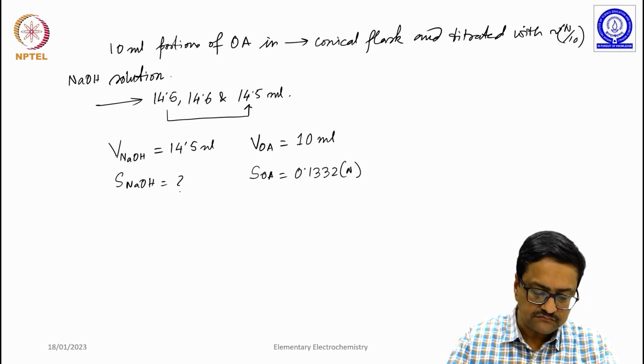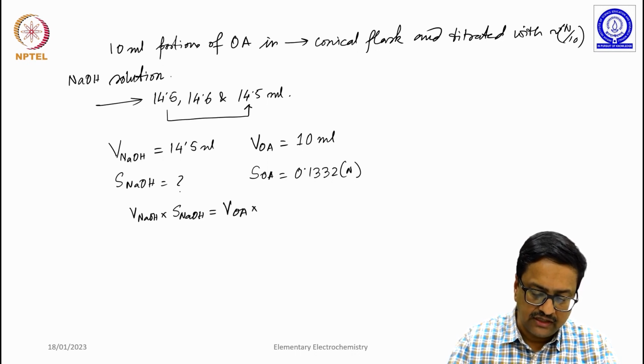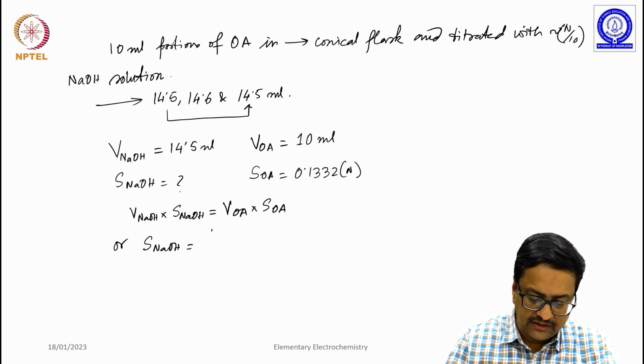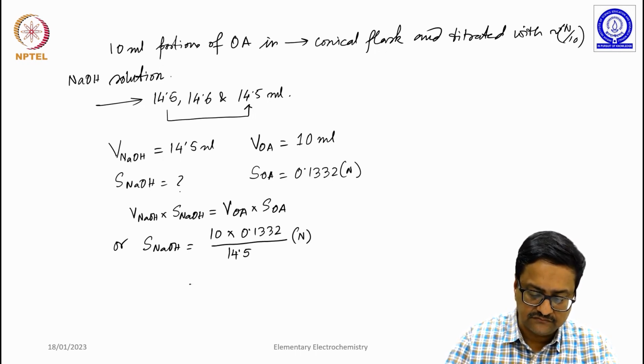Then you can calculate using V NaOH into S NaOH equal to V oxalic acid into S oxalic acid, or S NaOH equal to 10 into 0.1332 divided by 14.5, strength in normality.